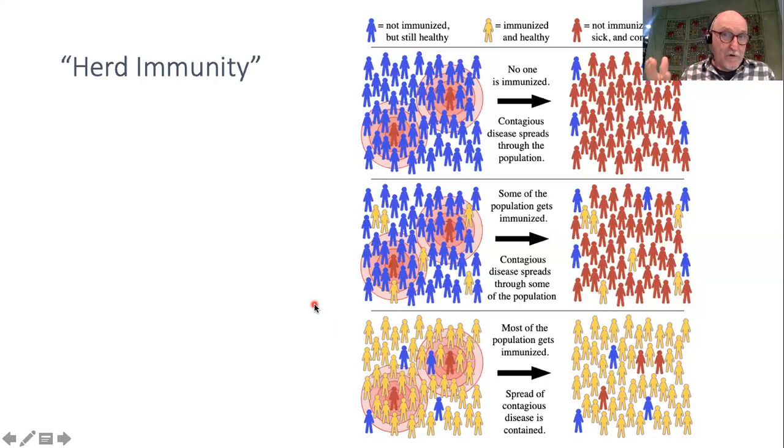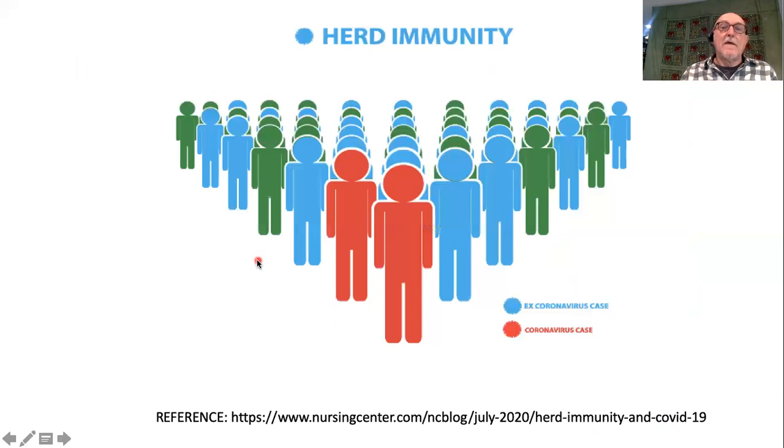But unfortunately, this has been latched onto as this dream idea that what we can do is allow the disease to spread through our population. So this diagram is a diagram of how they had hoped herd immunity would work for COVID-19, that we have people who are infected.